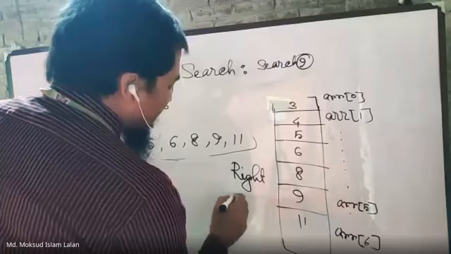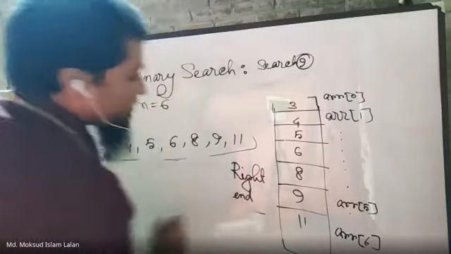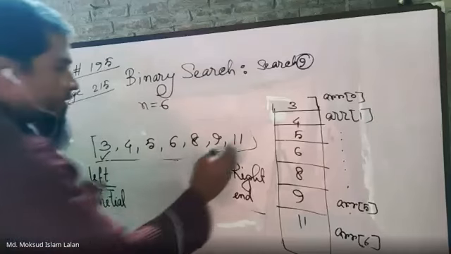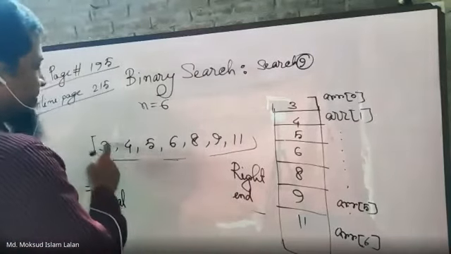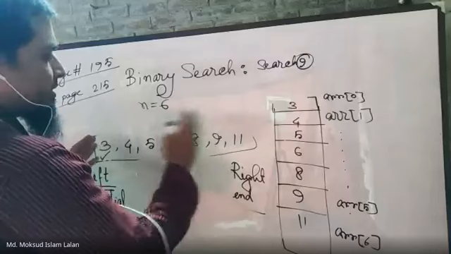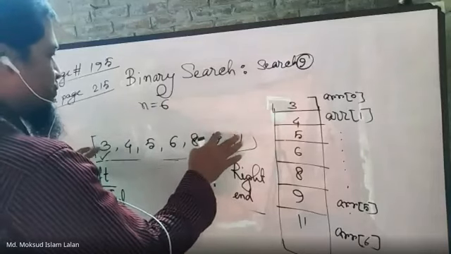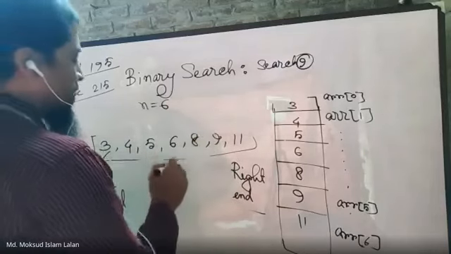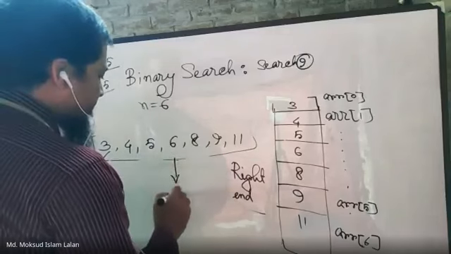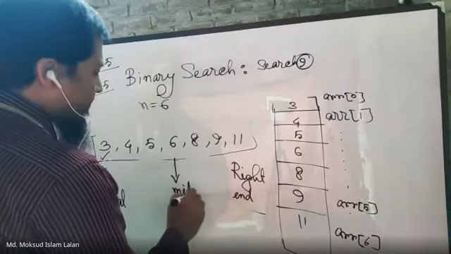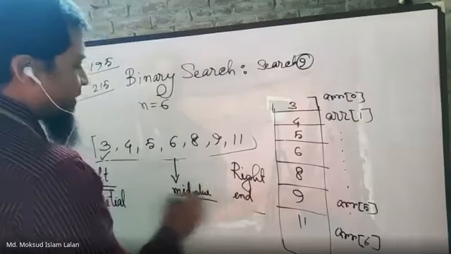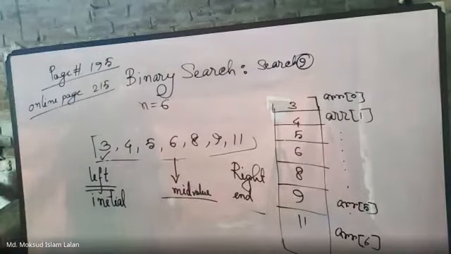Right means ending value, right? Yes, sir. And mid value. Which one is mid value? Since there are 7 elements, this one is the mid value, 6. This is the mid value or midpoint. Okay. Mid value is 6.